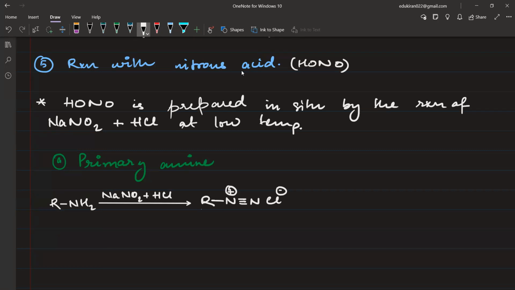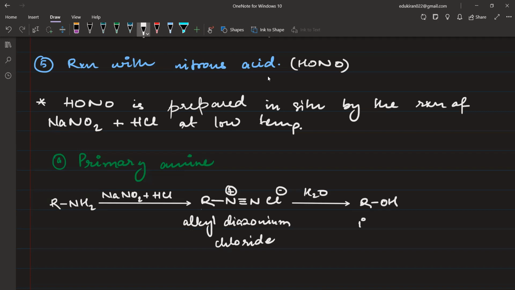It is a diazonium salt, and it is very reactive. It even reacts with moisture, that is H2O, and we get 1 degree alcohol, plus nitrogen gas and HCl.